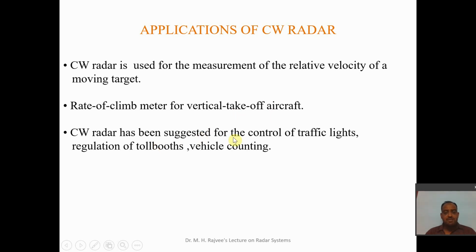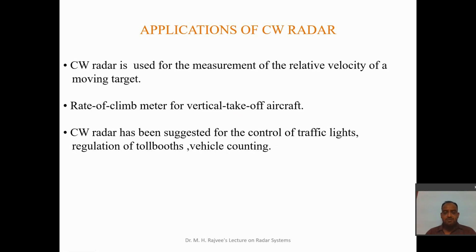CW radar has been suggested for the control of traffic lights, regulation of toll booths, and vehicle counting. As discussed in the previous videos, radar is best suited for the count and control of vehicles.